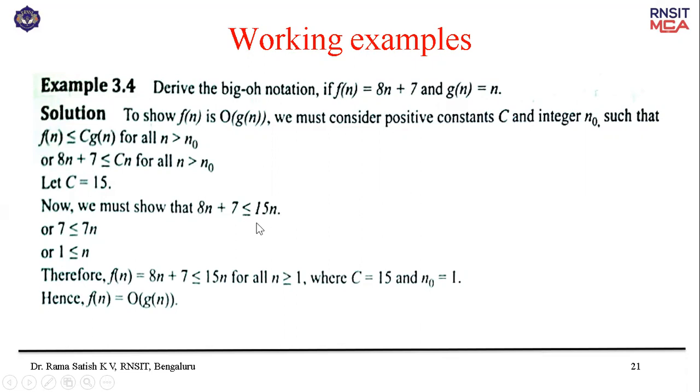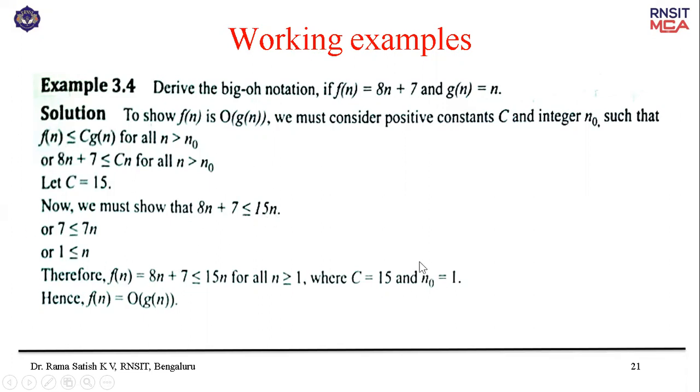And for this, if you specify the n value as 0, what happens? 8n is 0, so 7 is less than or equal to 15n, which is not true.